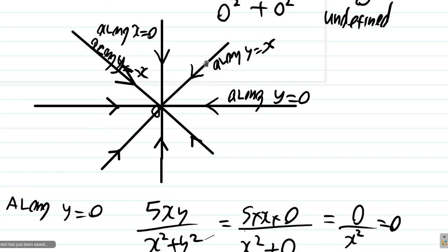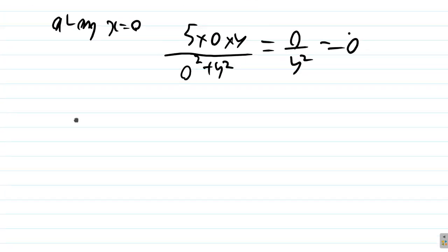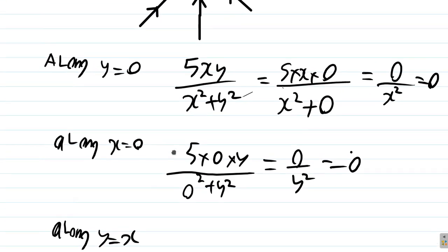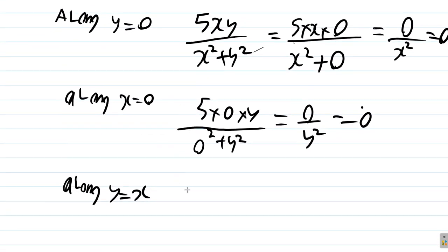Let's move towards it along the line y equals x. So if we go along the path y equals x, what would happen? Well, if y is x, we could turn y to x or x to y. Let us turn y to x. So it's 5x times x divided by x squared plus y squared, but y is x, so in this case, we have x squared.